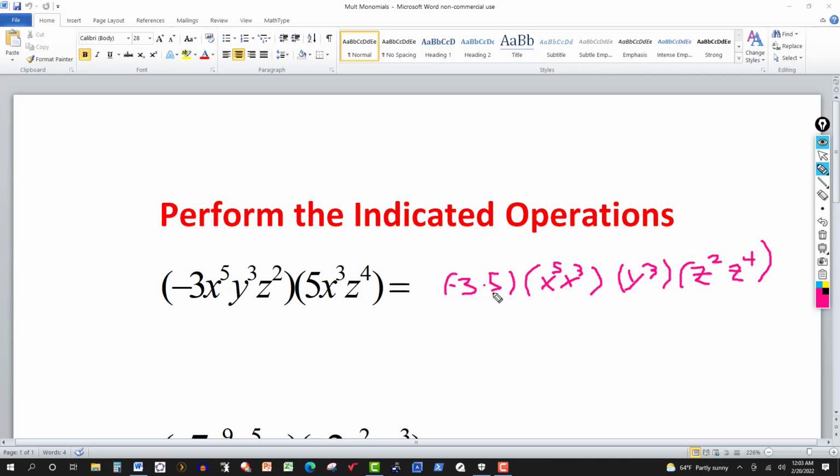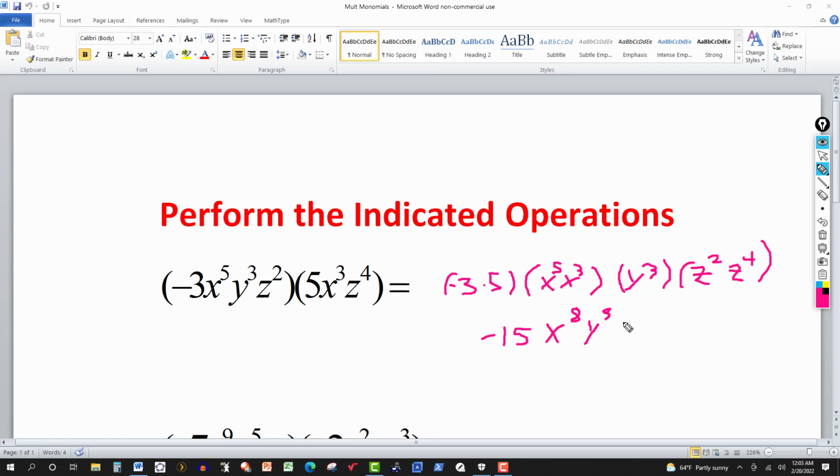Now for the first one here, those are just numbers, so let's multiply those out. -3 times a +5 is a -15. Got x to the 5th, x to the 3rd. So the rule is, bring down the base, add the exponents. 5 and 3 is 8. We only have one y term, so just bring it down, y to the 3rd.